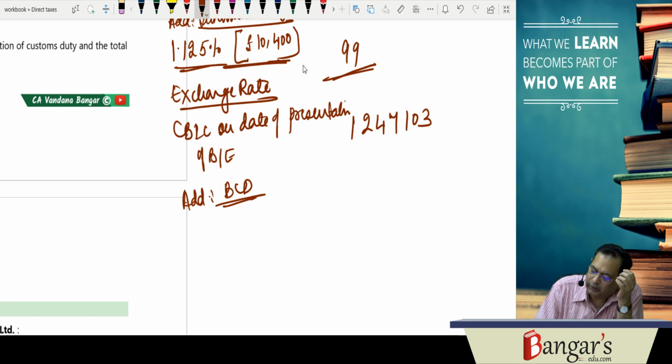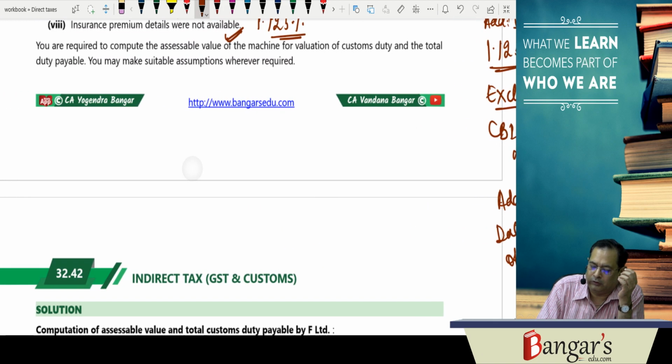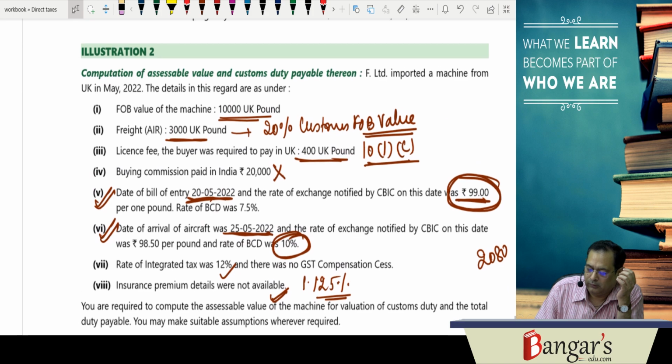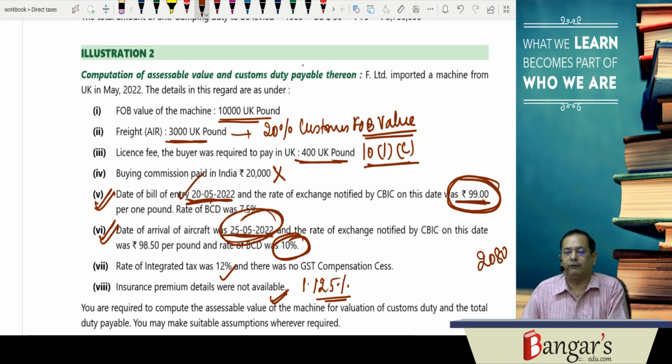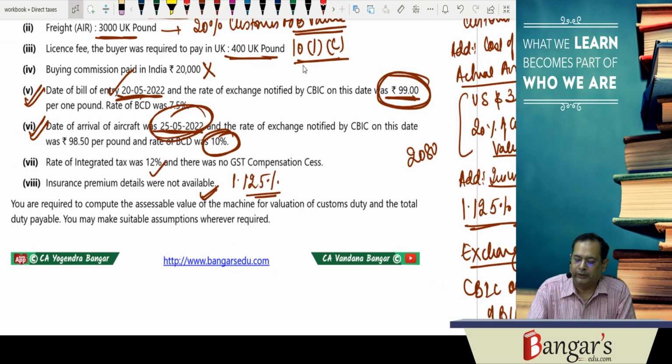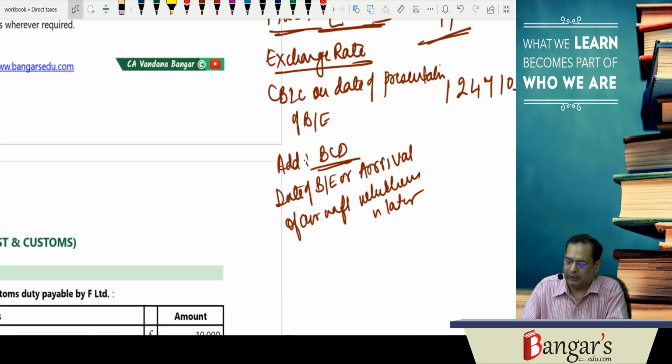Basic custom duty is the duty prevalent on the date of bill of entry or arrival of aircraft, whichever is later. So here the date of presentation of the bill of entry is 25, arrival of aircraft is on 25/5, and the rate prevalent on that date is 10%. So the basic custom duty will be added at the rate of 10%.